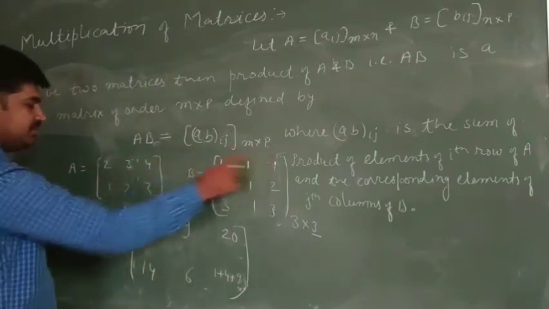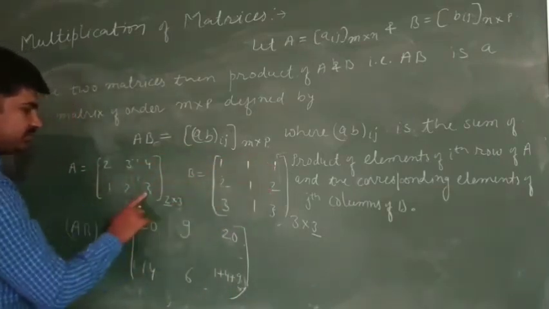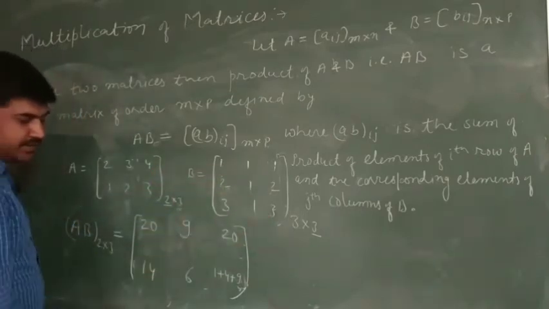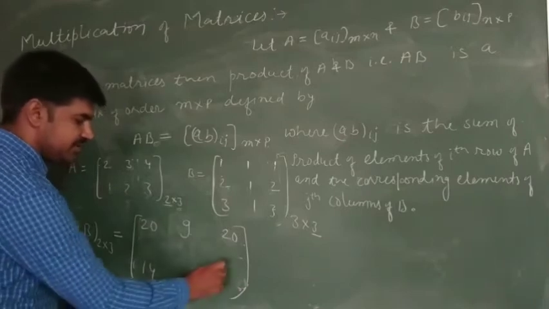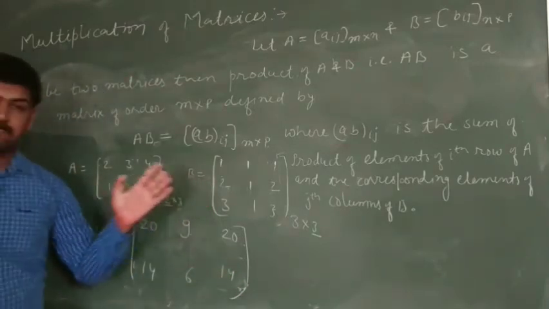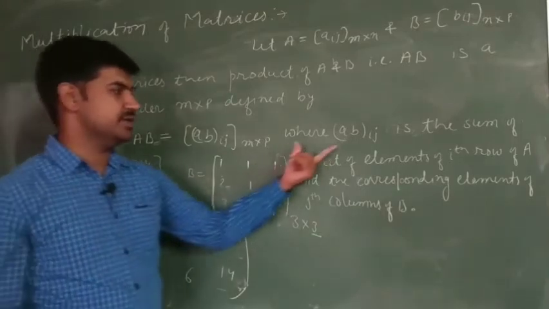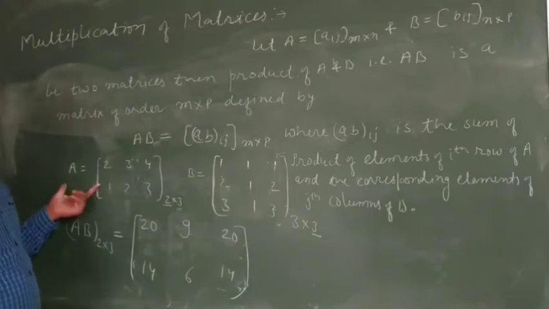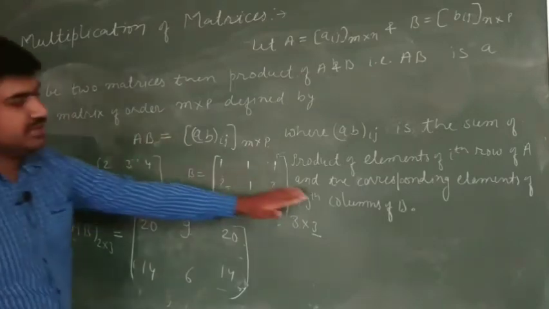This multiplied by this one, plus 2 multiplied by 2, plus 3 multiplied by 3. So 9 plus 4 is equal to 13, and 1, 14. So that is how we have found the product of these two matrices. I hope you have understood this particular statement also, and the example has illustrated this statement well.